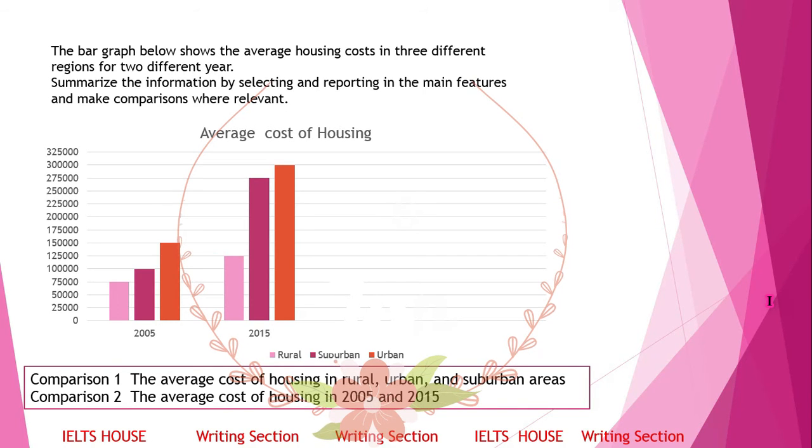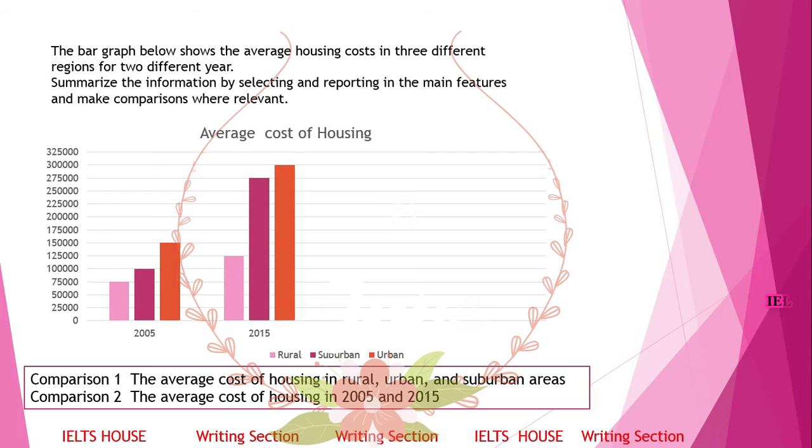And the cost of housing at these three areas and at 2 years, for example, in 2005 and 2015, is a bar graph.